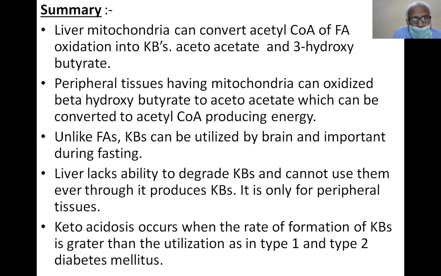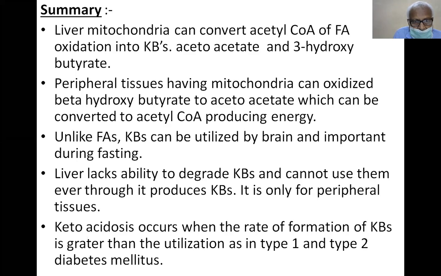So liver mitochondria can convert acetyl-CoA of fatty acid oxidation into ketone bodies, acetoacetate and beta hydroxybutyrate. So these, acetone, acetoacetate and beta hydroxybutyrate, are the ketone bodies. The peripheral tissues having mitochondria can oxidize beta hydroxybutyrate to acetoacetate, which can be converted to acetyl-CoA producing energy.